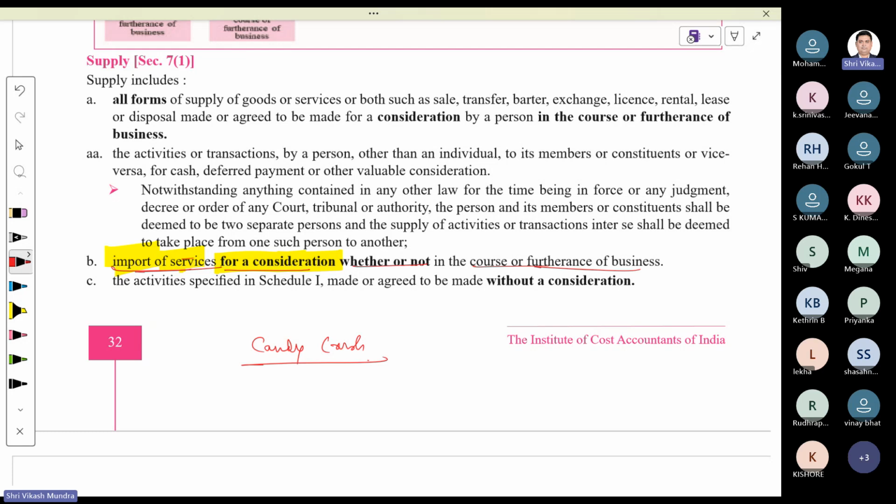I believe Candy Crush's company is outside India. So we can say that you are importing certain services, and for those services you are paying consideration, and that is not used in your business. It will be considered as supply. You are liable to pay tax on it.